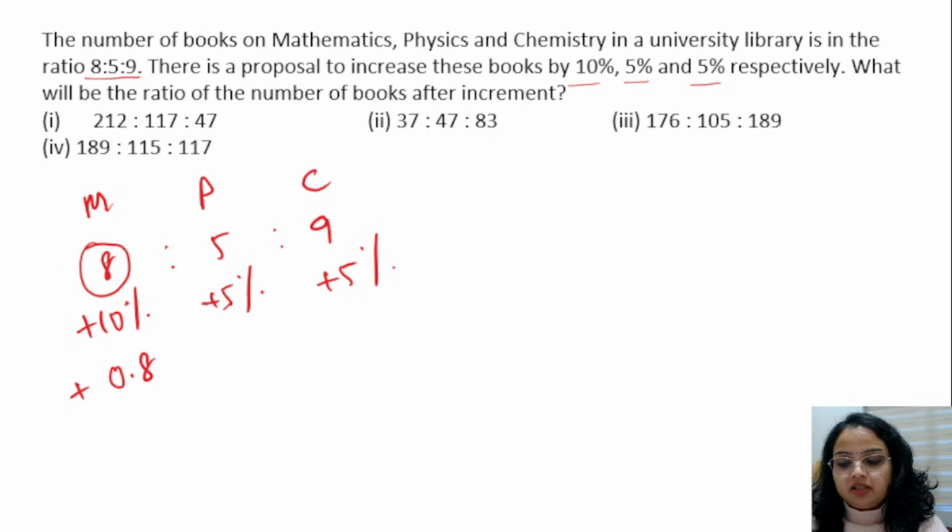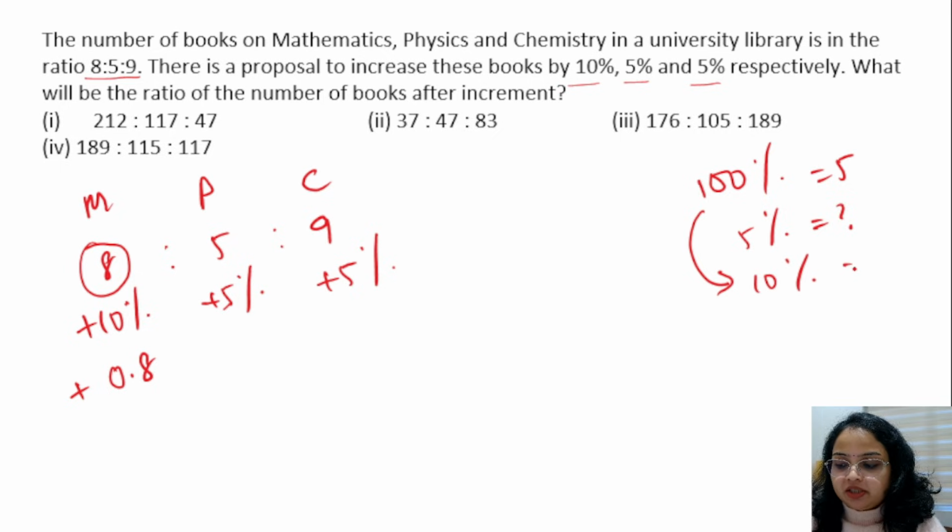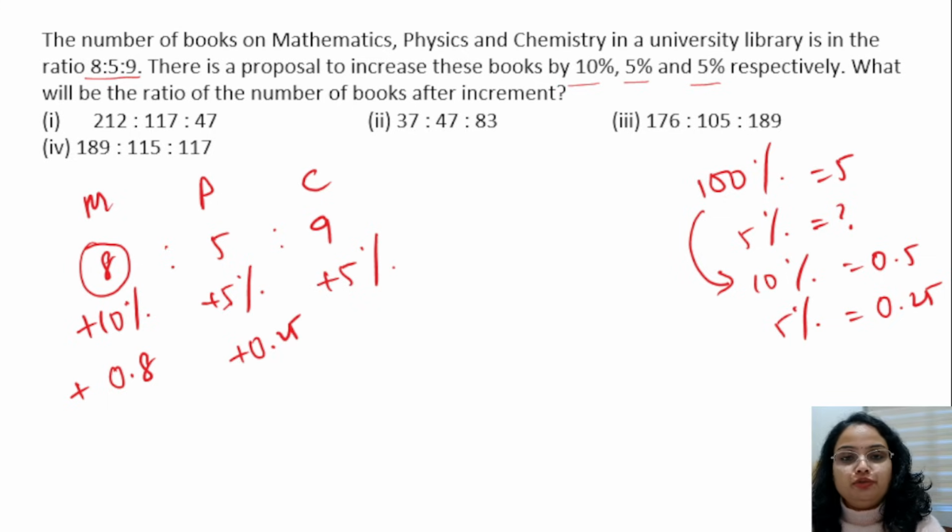If 100% is equal to 5, then what is 5%? Here 100% is 5, that means 10% is what? It is 0.5, and divide by 2. So you'll get 5% is equal to 0.25. Here 0.25 is increased in physics.